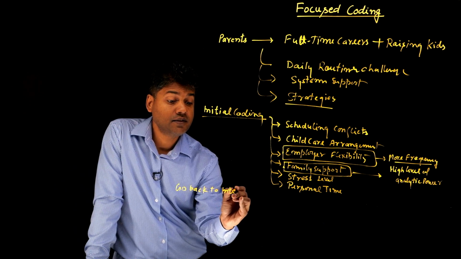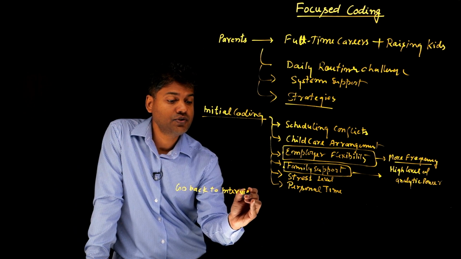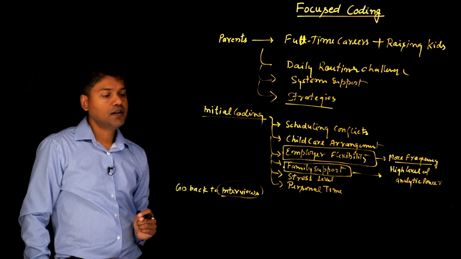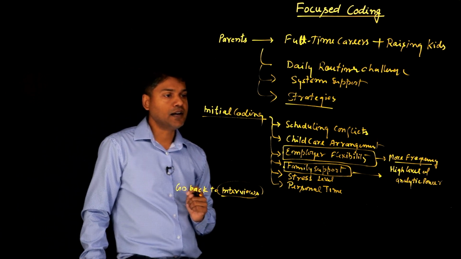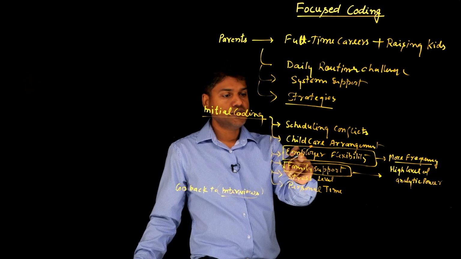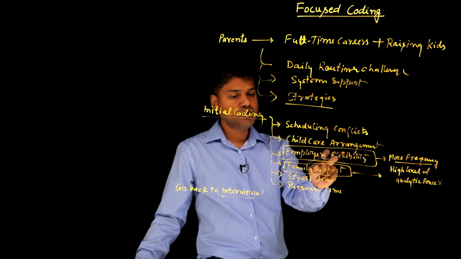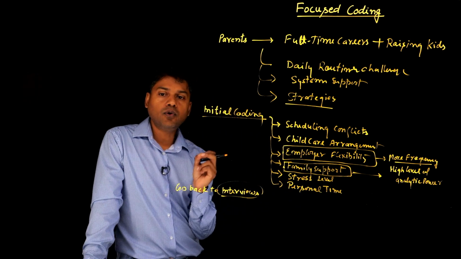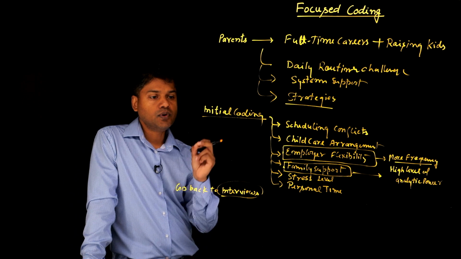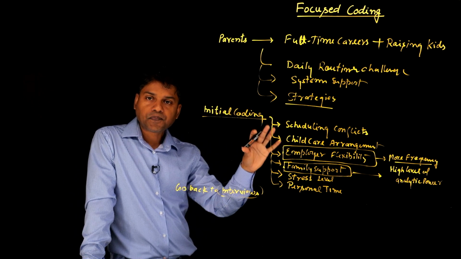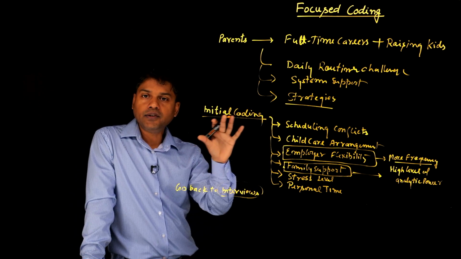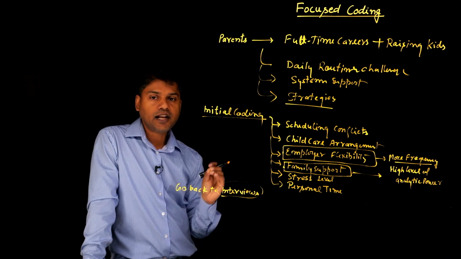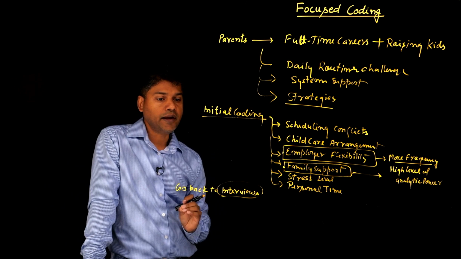In this case, I had interviews, so I'll go back to the interview transcript, go back to the segments of the data which talk about employer flexibility and family support. And then I will recode, trying to understand the complexity and the variations involved in this particular code.